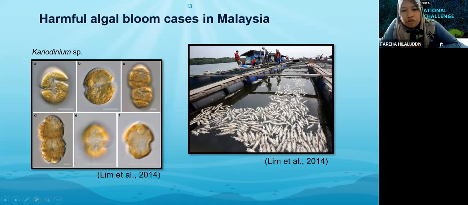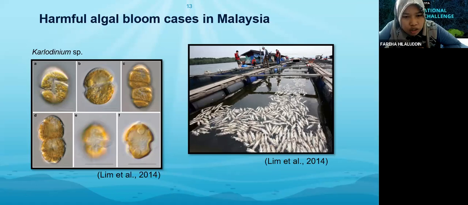So this is a fish kill. You can see that lots of fish died in a floating cage. So this is the species responsible for these cases. This happened in the southern part of Peninsular Malaysia, Johor, in 2015.